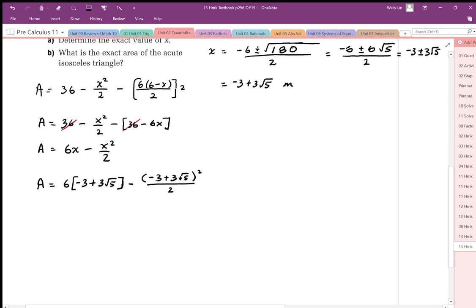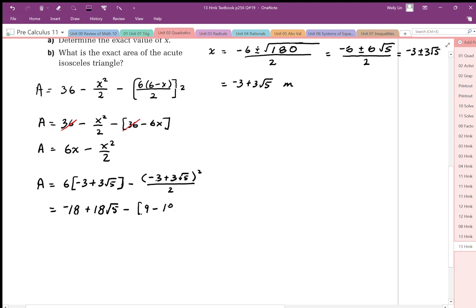So once we do the calculations here, we're going to end up negative 18 plus 18 root 5, and expanding these brackets, we're going to end up with positive 9, and we're going to end with negative 3 times 3 root 5, that's going to give us negative 9.